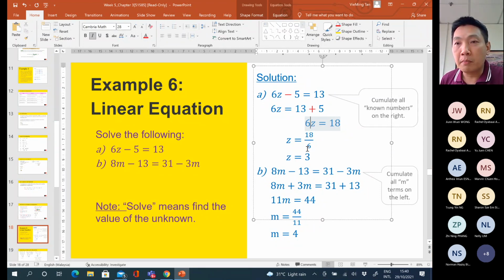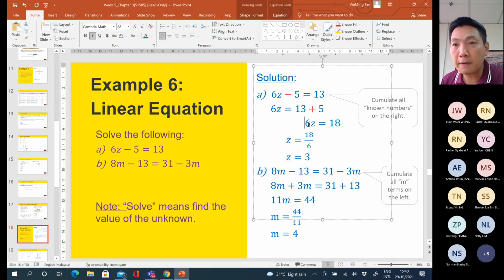Divided by 6, so it becomes a denominator, from numerator to denominator. How about the sign? It's still plus, but now it becomes a denominator. Moving to another island, another country, it becomes 18 divided by 6. Can you understand this part? Do you know how to get this 6?